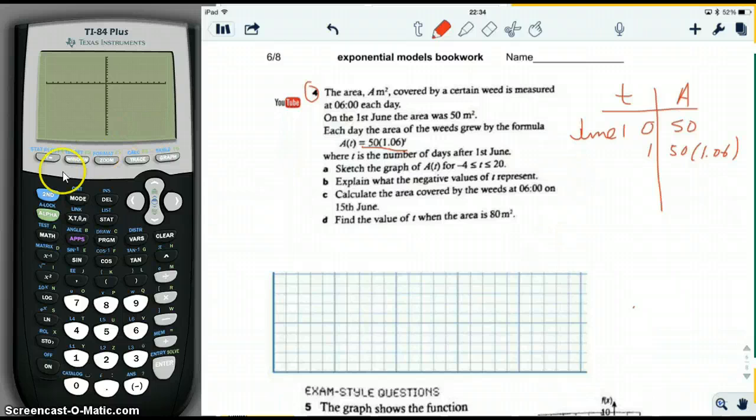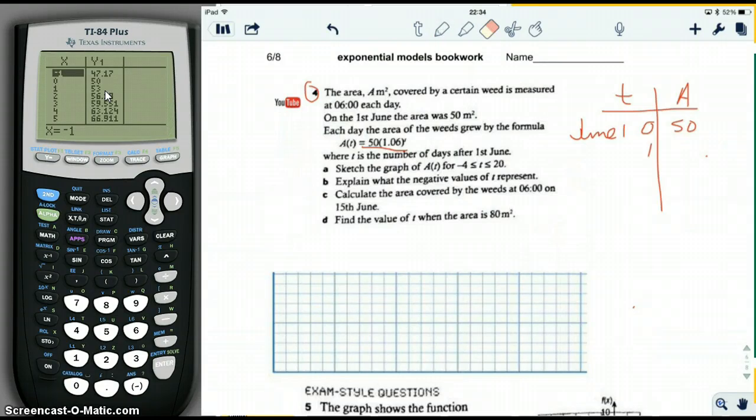It's graphing. Okay, now it's done. Let's see, so day 0, or t equals 0 is 50. T equals 1 is 53.